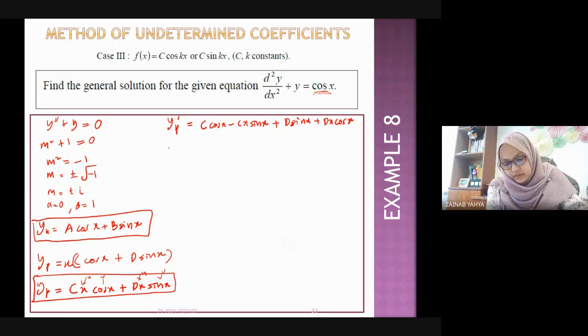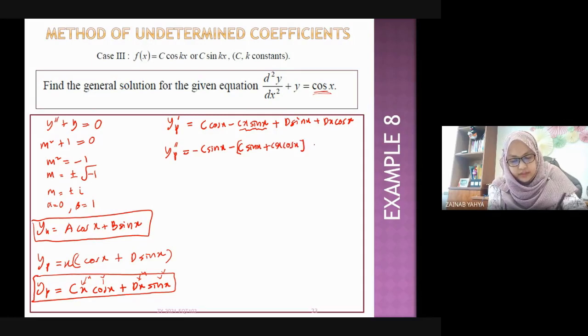So yp double prime. We will differentiate yp prime one more time, we will get negative C sin x. This is the product rule again: negative C sin x, plus C x cos x.